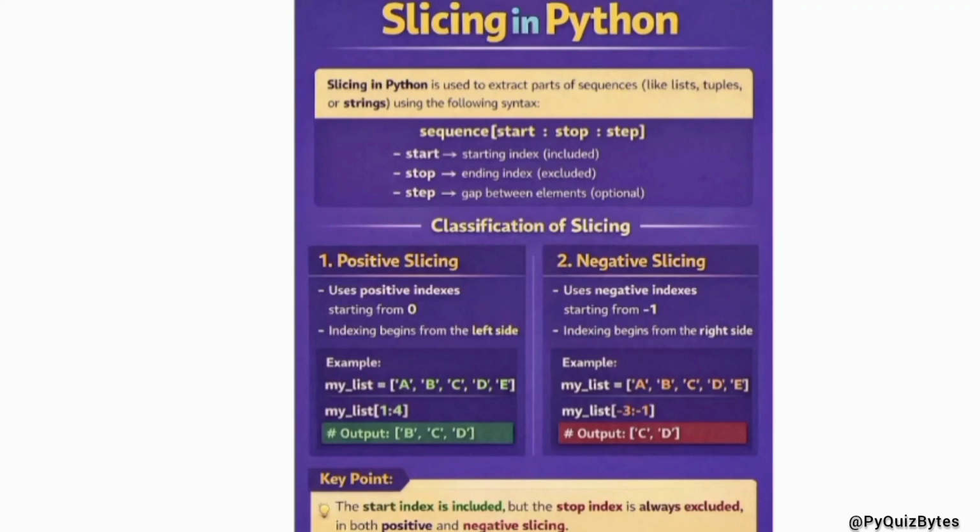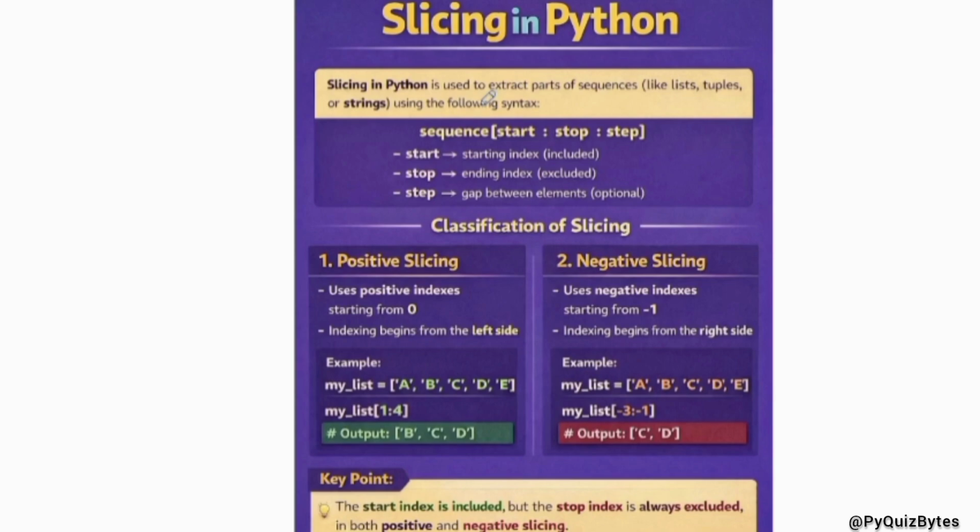Now let us enter into the concept of slicing. Slicing in Python is used to extract parts of sequences like list, tuple or strings, meaning it is used to extract subparts of a sequence, meaning sublist, subtuple, substring.